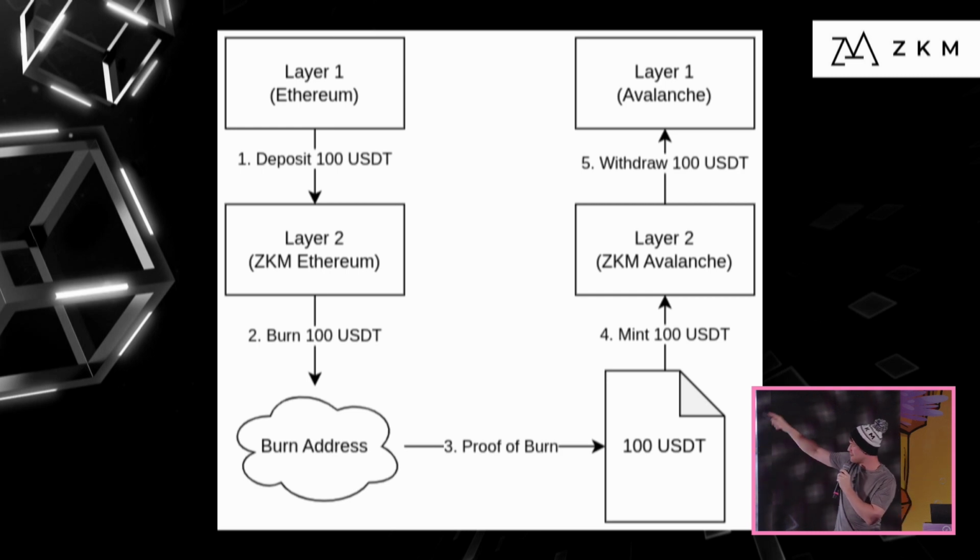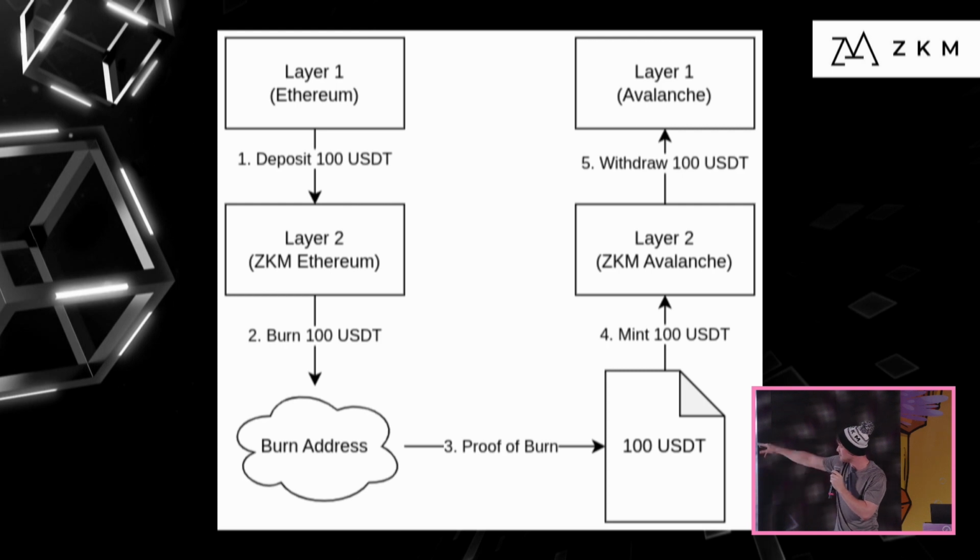So what this means is that I'm depending on native Ethereum or L1 security, and then I'm able to generate a proof that I no longer have access to that 100 USDT.